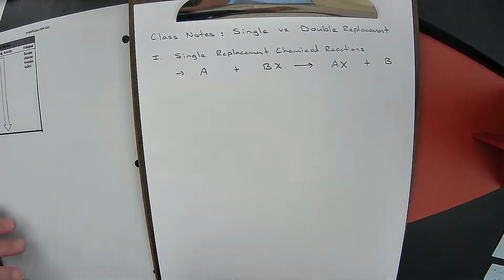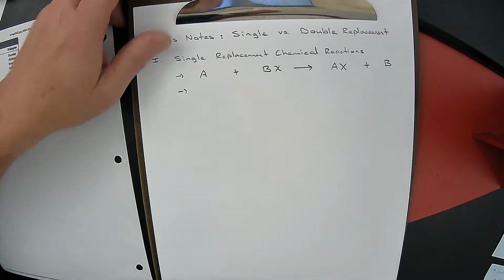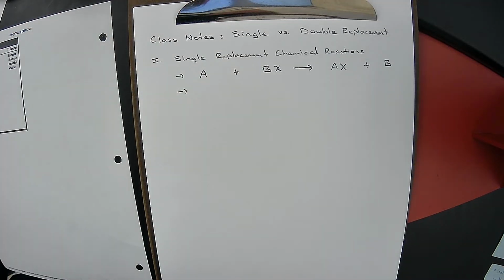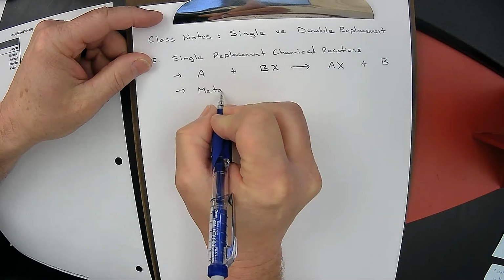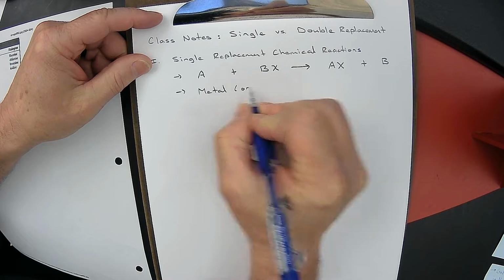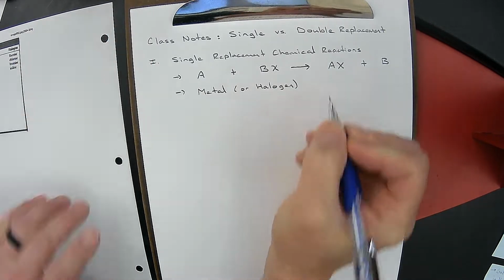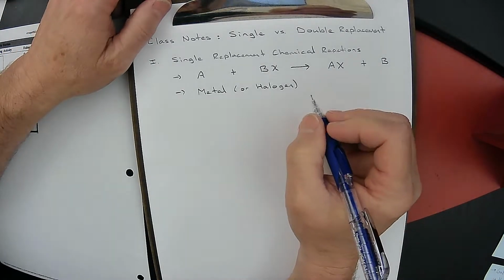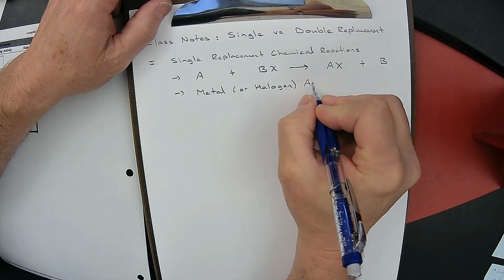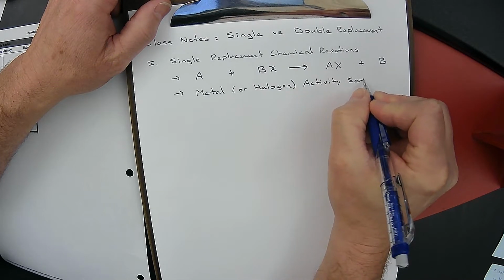So what we look at for single replacement reactions is the metal activity series, or, if you're talking about a halogen replacing another halogen, the halogen activity series.